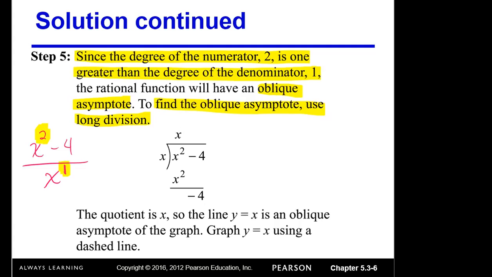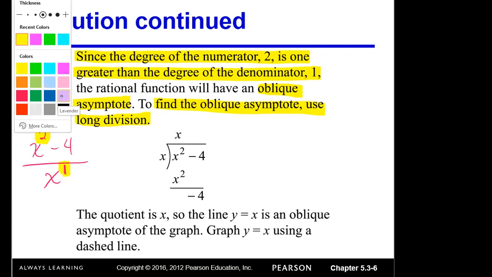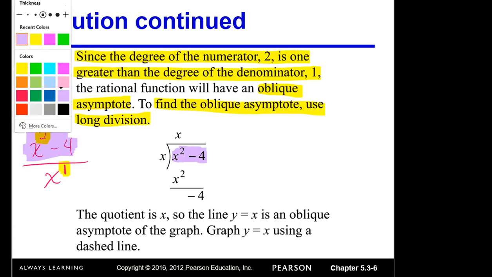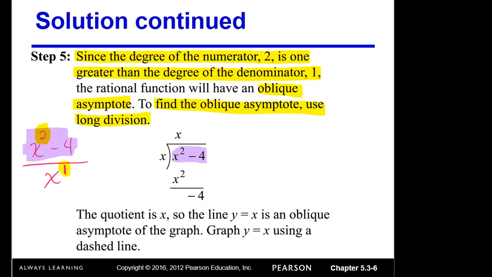So you take the numerator, this x squared minus 4, that's going to go underneath the division sign, or the little division box. And then the denominator goes on the outside, and that's what you're going to divide by. Now, if you don't remember how to do long division, let me refresh your memory real quick.